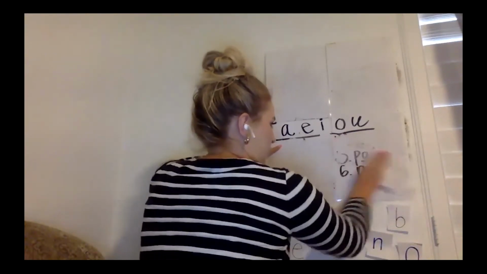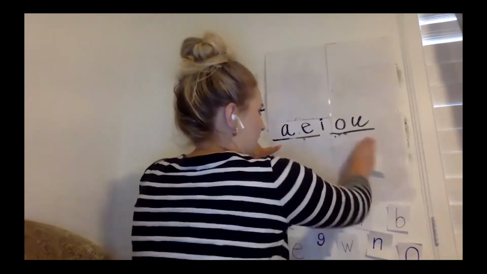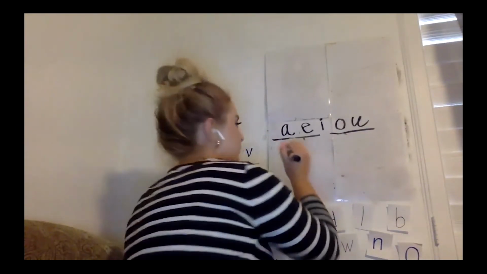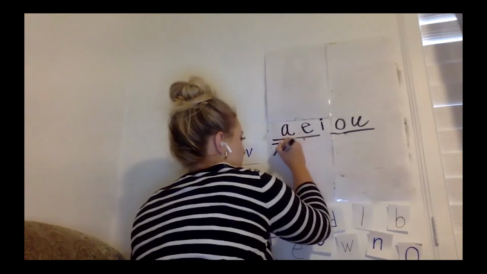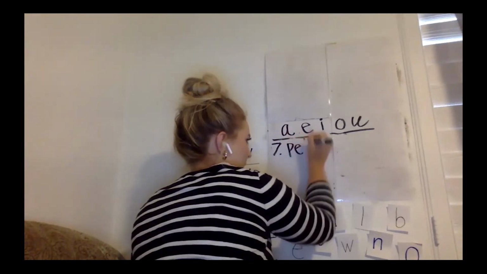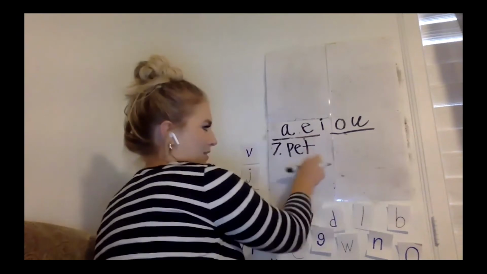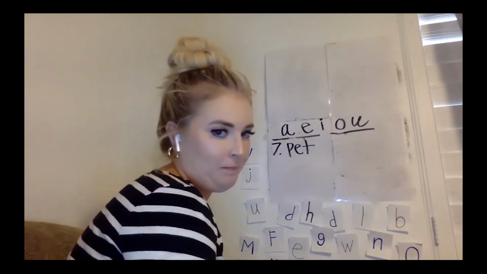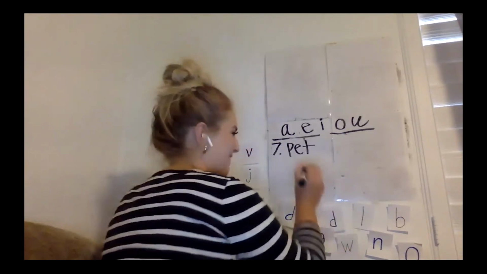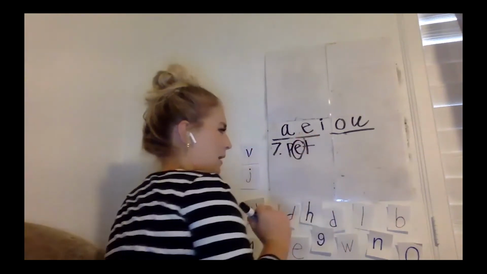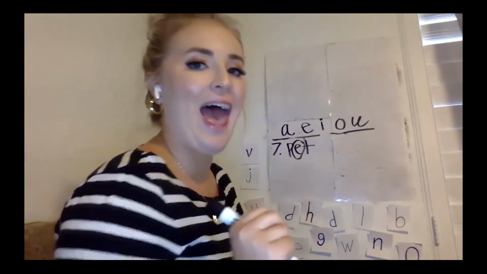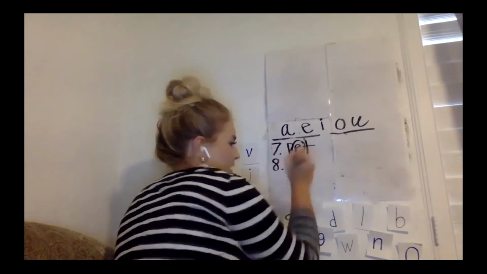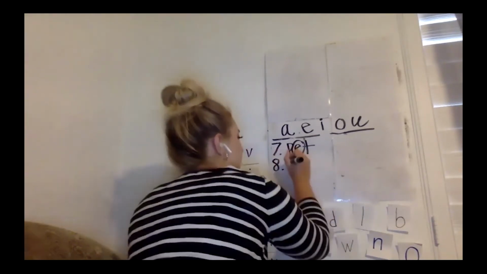Very good, you guys. Okay, here's our next one. Pet. Which one is our vowel? Very good. It's our E in pet. Good job. Okay, here's our next one.